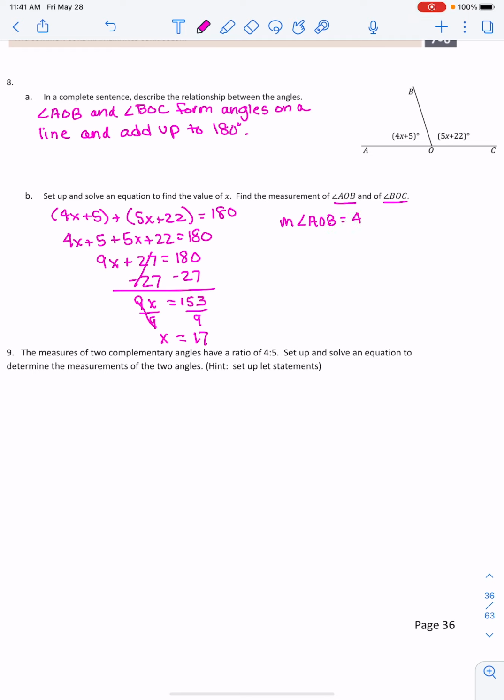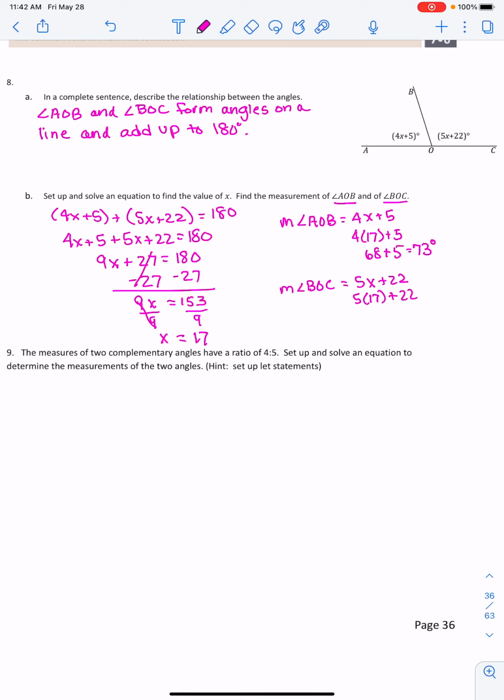So now to find out what both of these angles are, I have the measure of angle AOB, which is 4x plus 5. So 4 times 17 plus 5. So we have 68 plus 5, which is 73 degrees. And then we have the measure of BOC, which is 5x plus 22, or 5 times 17 plus 22.